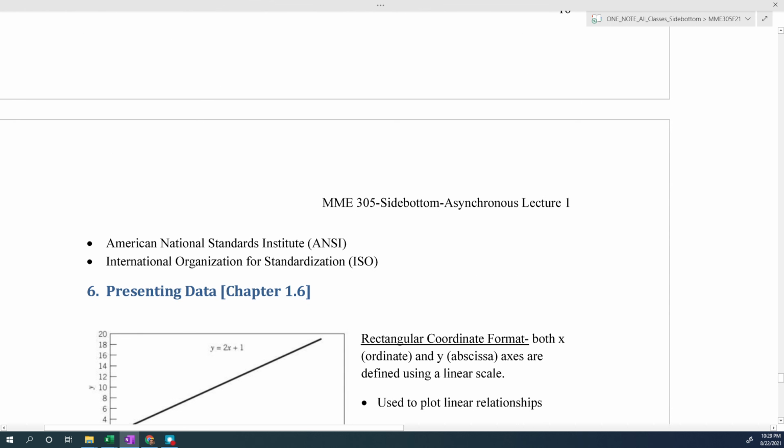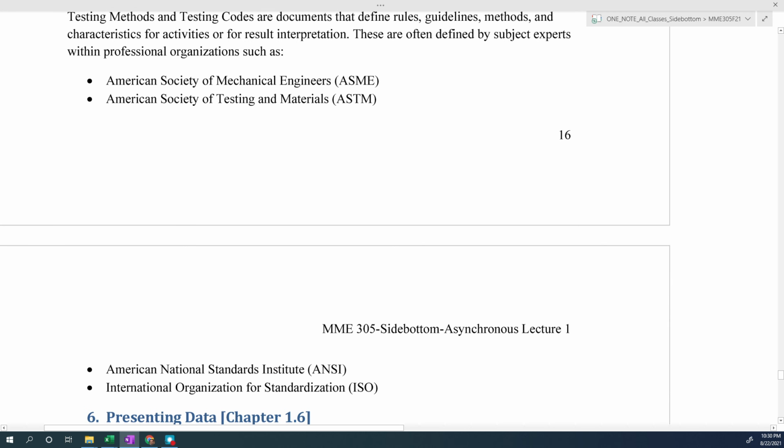There's also ANSI and there's also ISO. So all these organizations have their own rules and standards for operating different tests to help engineers from around the world be confident and understand the data that they're receiving based off of laboratory tests done.